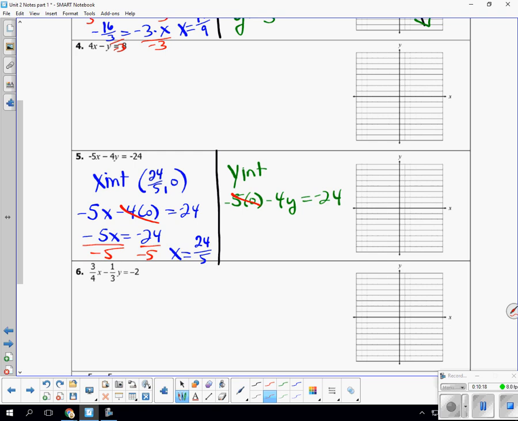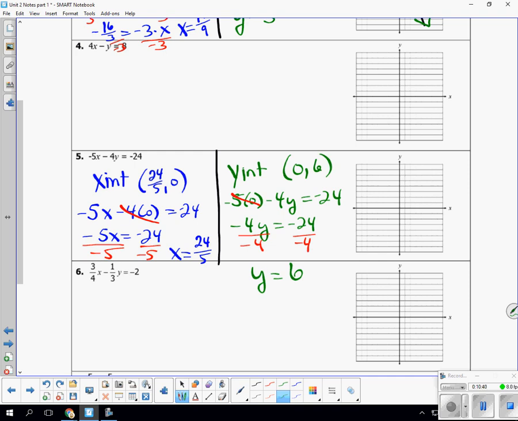And again, negative 5 times 0 is nothing. It's gone. So negative 4 times y equals negative 24. When I divide both sides by negative 4, I end up with y is equal to positive 6. So my y-intercept then is going to be 0, 6.